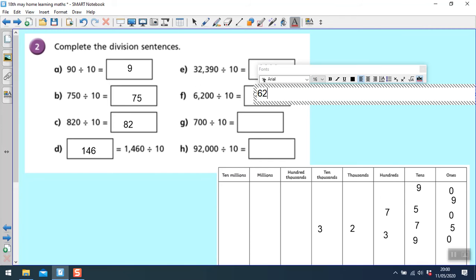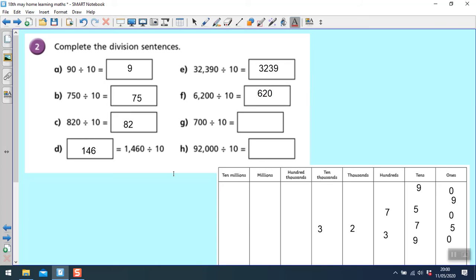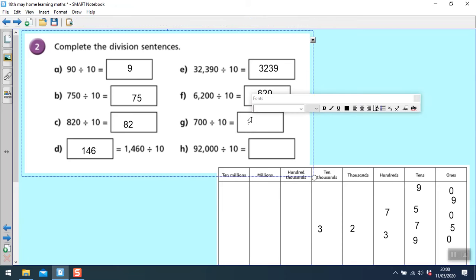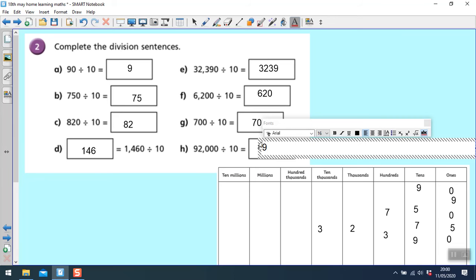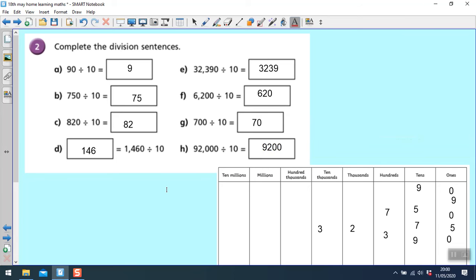That's 620. 700 divided by 10. My 700 is going to jump to be my tens column. So 70. 9 tens of thousand is going to jump one place to the right to be in my thousands column. 9,200. Well done if you got those right.